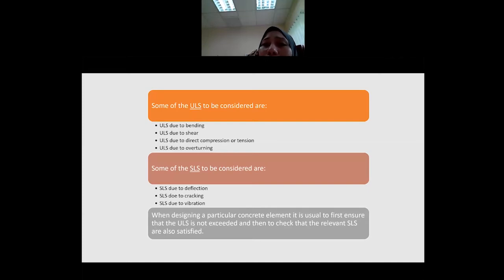When we design a structure, we must make sure there is not too much bending or shear. If it bends too much, eventually it will break. The same with shearing: if there is too much shearing, for example in a beam, the beam will eventually break. Direct compression and tension are also caused by forces, compression force and tension force, which can also break the member.